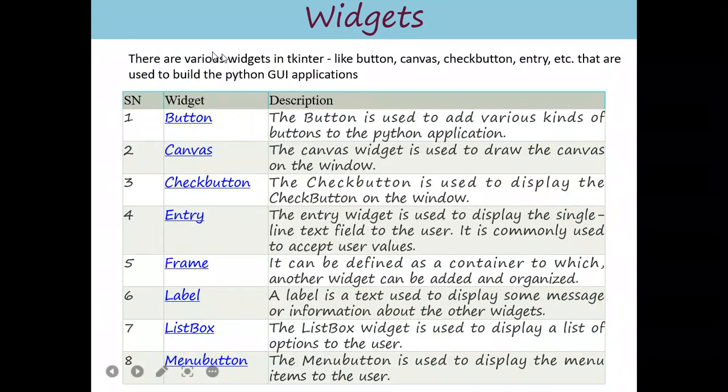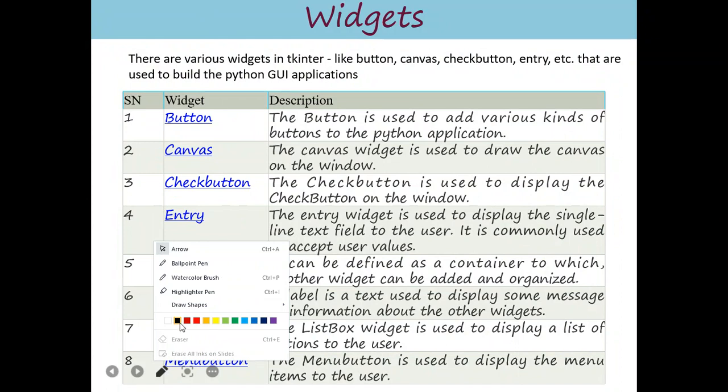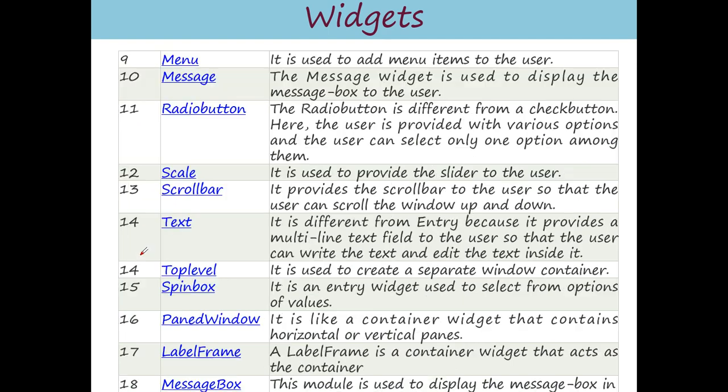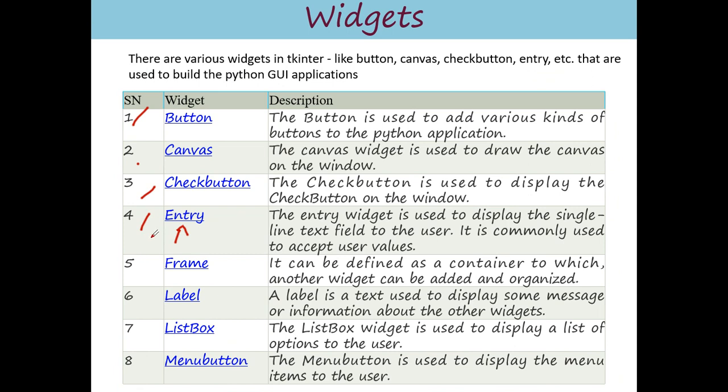See here, there is button, canvas, entry. By entry, you can take input from the user. This is basically a text box. Check button means check box, right? You remember checkbox. Entry is a simple single line text box, only one line you can enter.